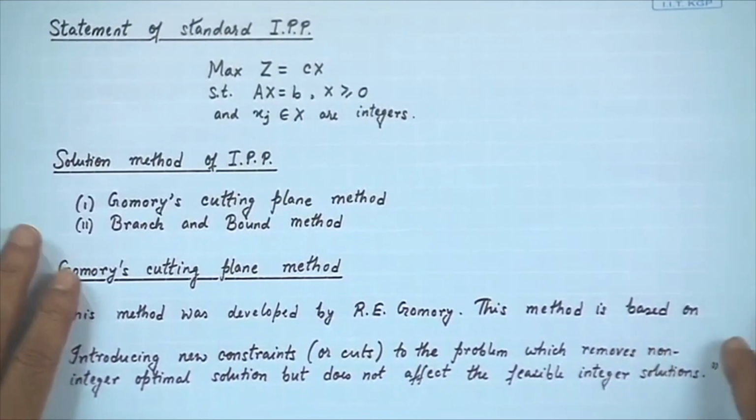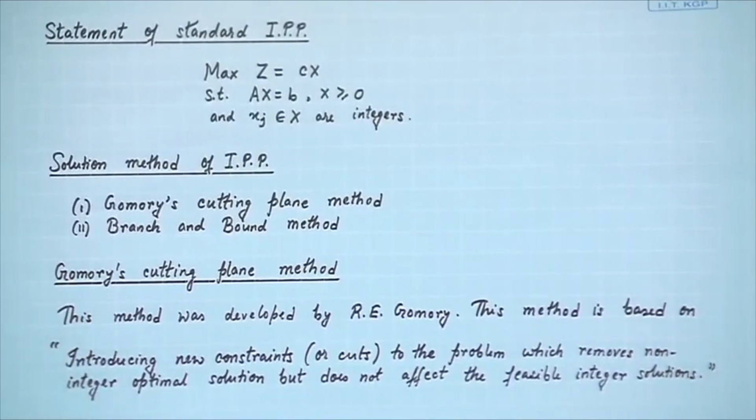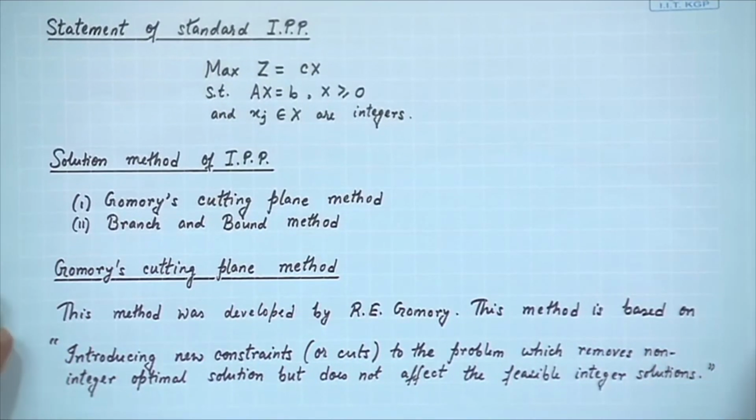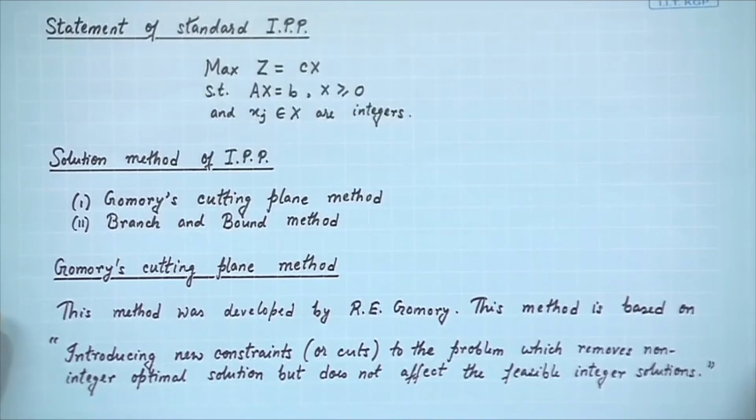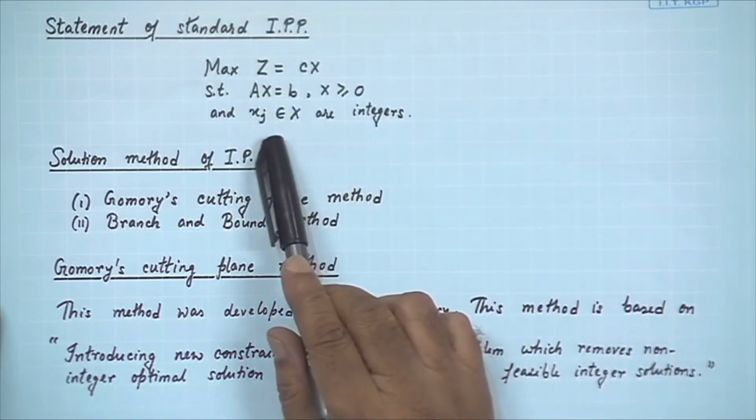Let us take one standard IPP, that is integer programming problem, which is of the form: maximize Z equals CX subject to AX equals B, X greater than or equal to 0, and Xj belongs to capital X are integers.